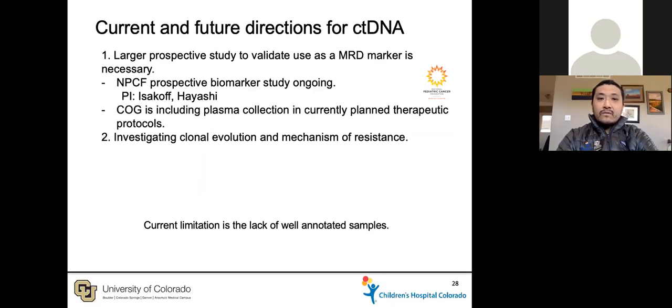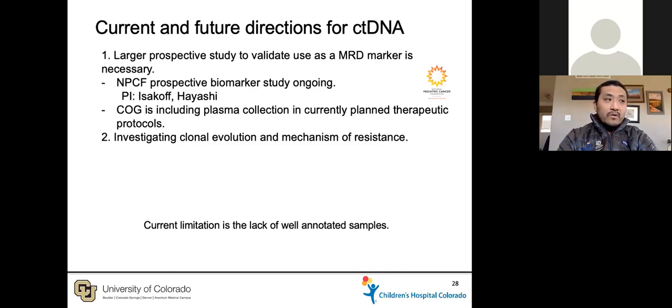I have a study going on across 20 institutes in a group called NPCF, where we are prospectively collecting plasma and also analyzing these already developed ctDNA assays to see if they can predict relapse, to really prove their use as an MRD detection biomarker.